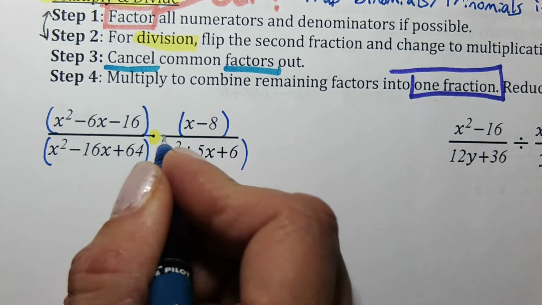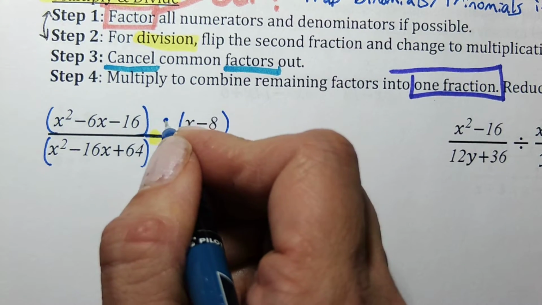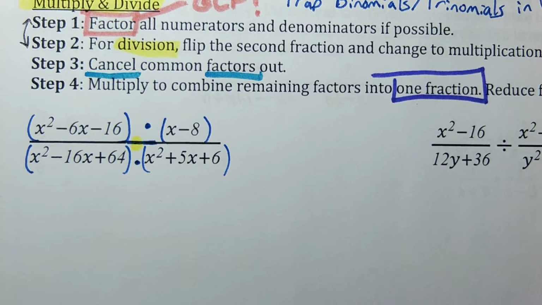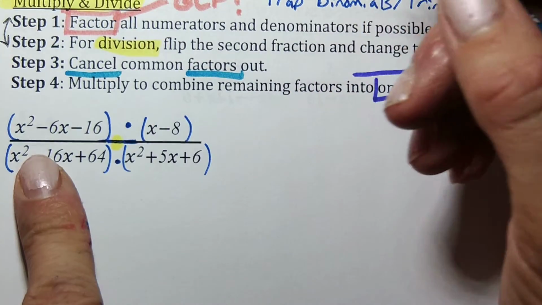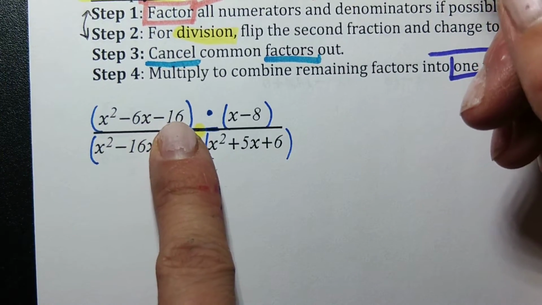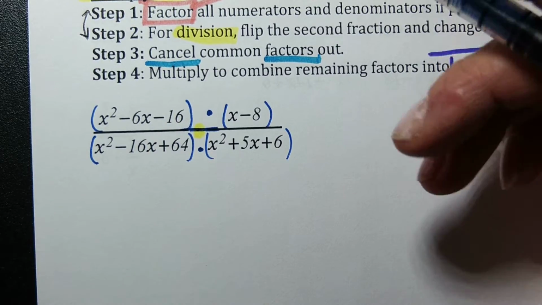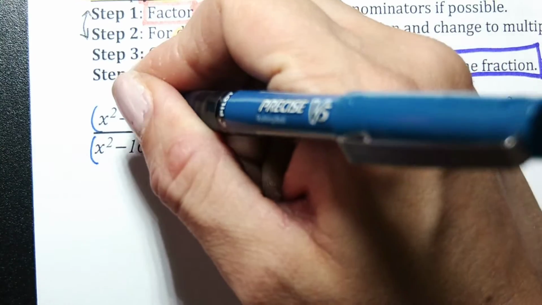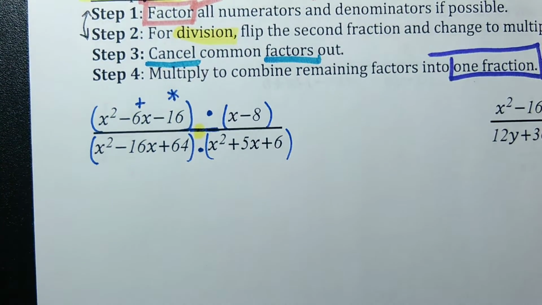Let's go ahead and slide these fractions together. Multiplying on the top, multiplying on the bottom. And can I factor x squared minus 6x minus 16? We sure can. We're looking for a product of negative 16 and a sum of negative 6. What are my two numbers?